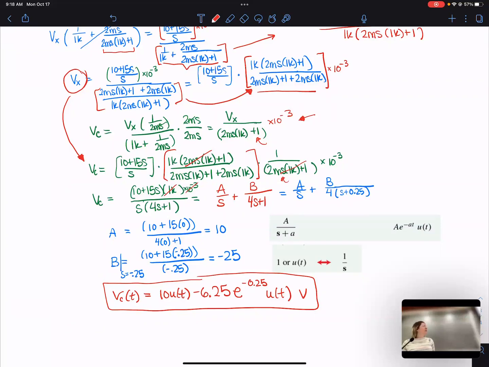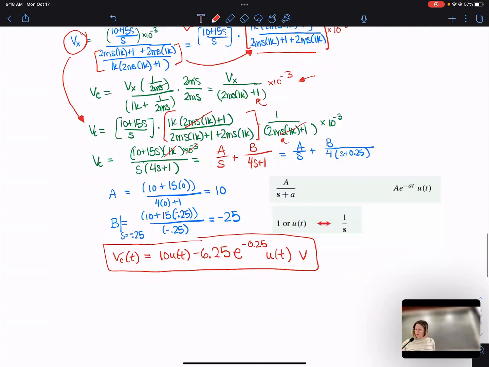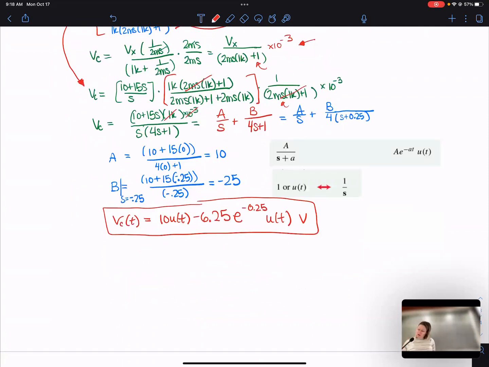All right, from here, you guys got that answered online. I needed to do partial fraction expansion. So A over S plus B over 4S plus 1. For A, I evaluate it at 0.